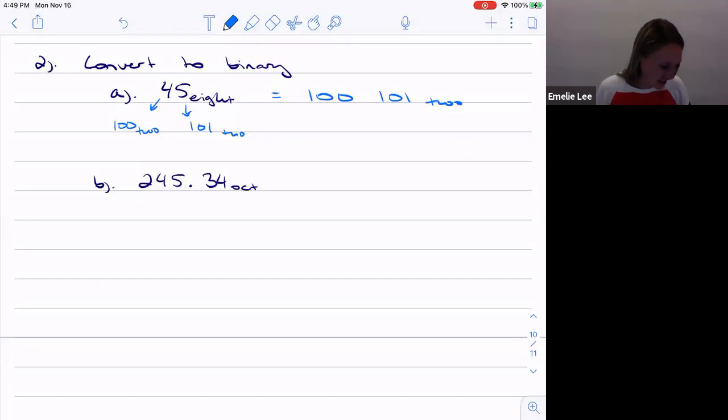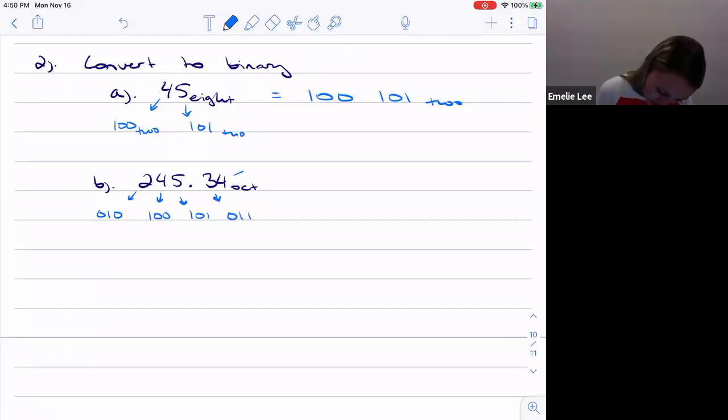All right. 2 is 0, 1, 0. We kind of know that one, right? 2 makes 10. 4 is 1, 0, 0. 5 is 1, 0, 1, which I just did. 3 is 0, 1, 1. And 4 is, I ran out of room.